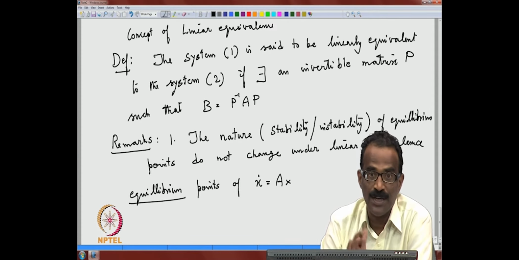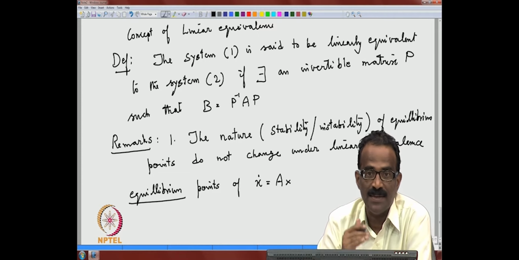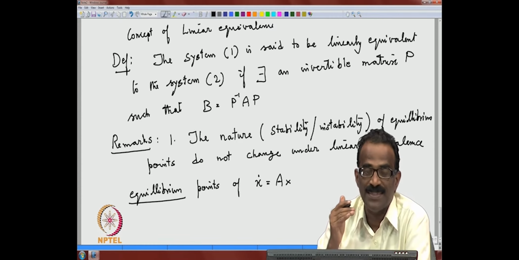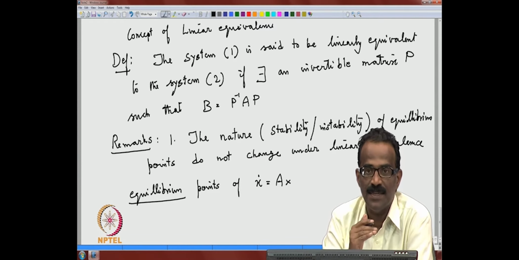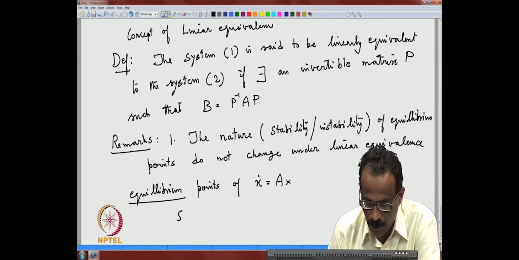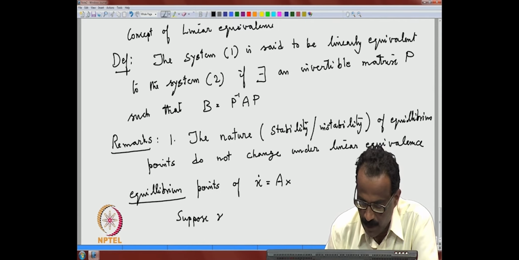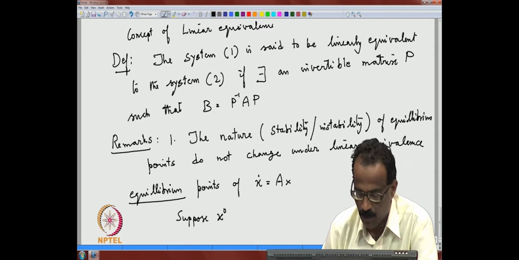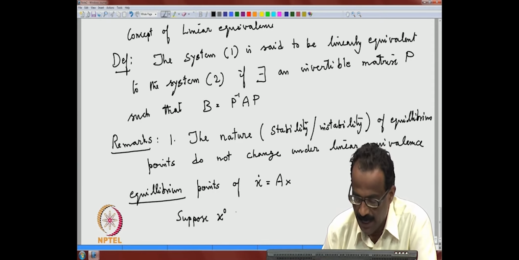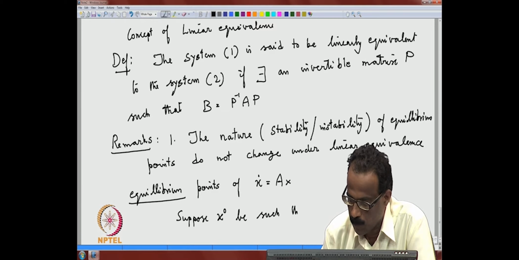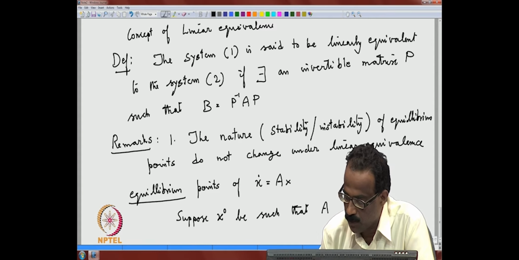So, though we call it a point, it is a steady state solution. Suppose x is such that, let me call it x naught so as not to confuse with the initial values, Ax naught is equal to 0.